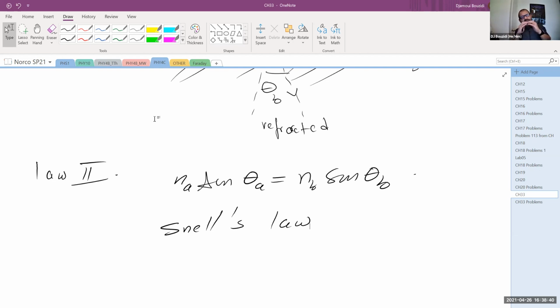Once you take all of these points and draw the waves coming from them after a certain amount of time, the envelope of all of these wavelets emanating from these point sources becomes the new wavefront. So this is the principle of Huygens, and we use that to prove these two laws.